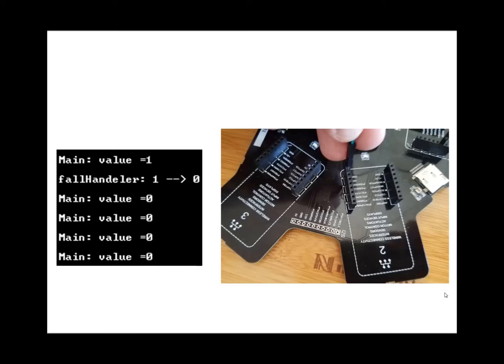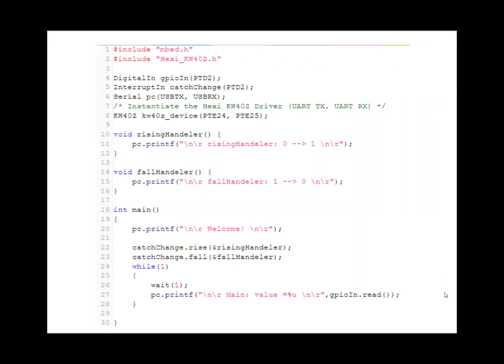Okay. So here I'm connecting to this ground. This is the ground in the hardware. So I'm connecting the pin to the ground. I'm causing a falling edge. And as expected from my code, if I'm doing falling, go and execute this. And what this is printing: falling handler from 1 to 0.